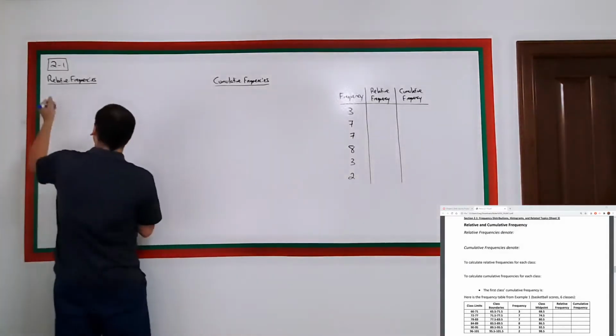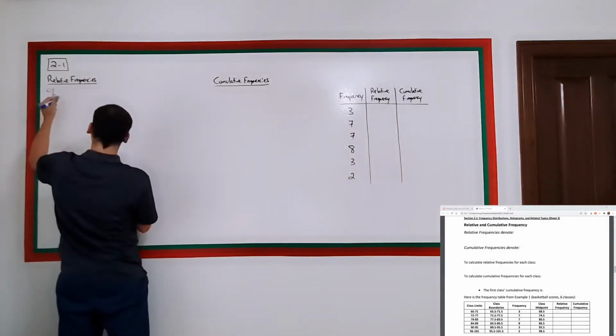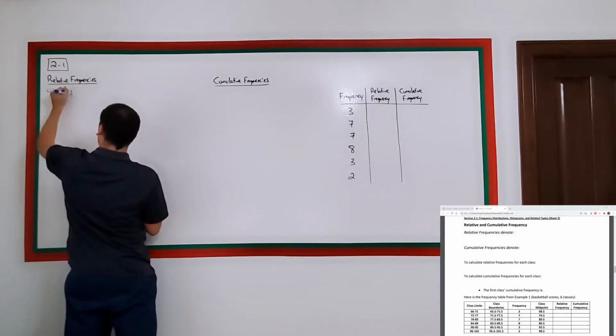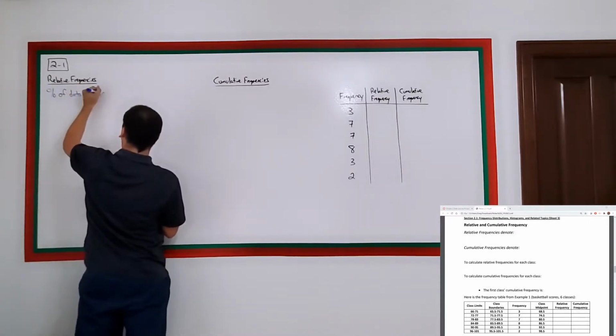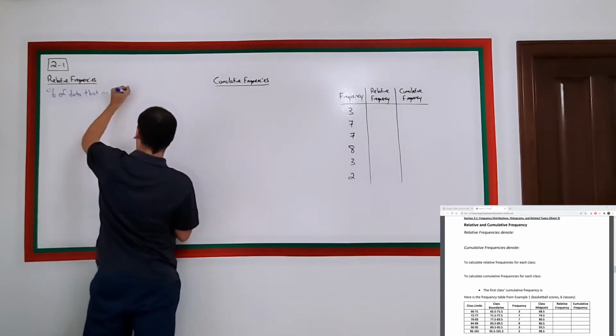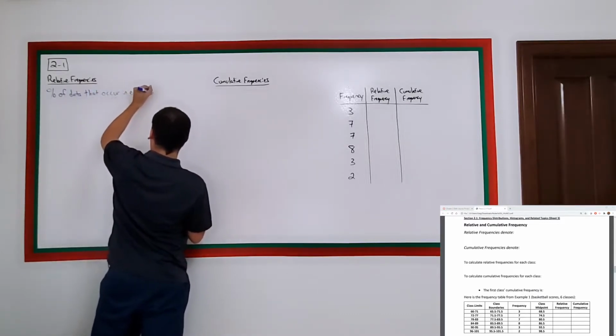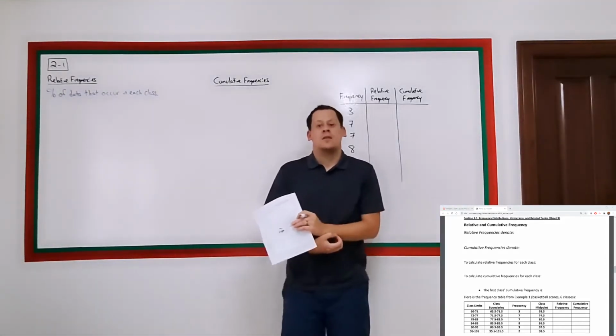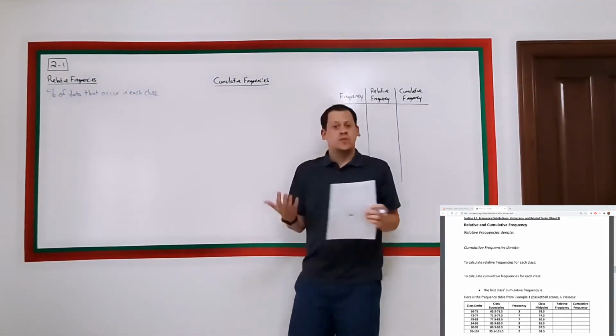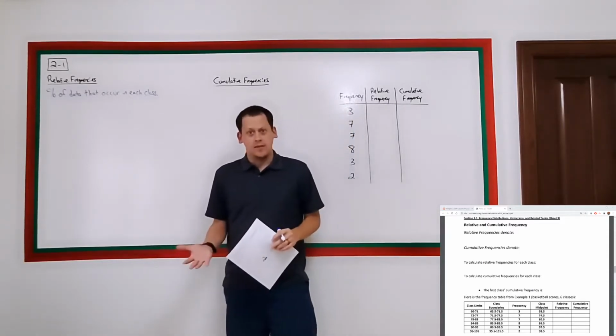So, it's the percent of data, the percentage of data that occurs in each class. So, it should be relatively straightforward to calculate.